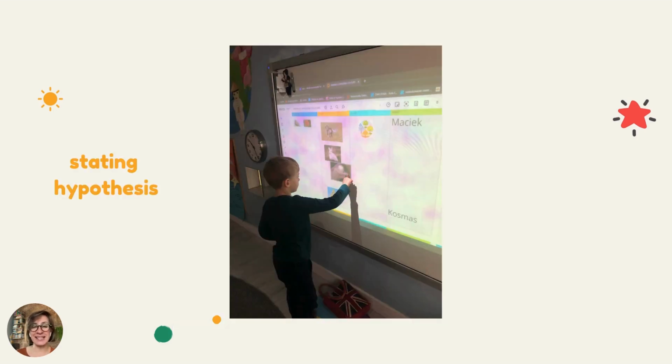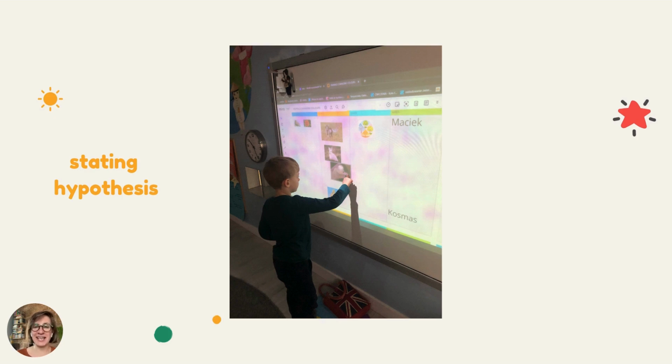Another example is stating hypotheses in international groups. Again, we divided our students into groups in which there was only one member per partner. Yeah, let's say it like that.